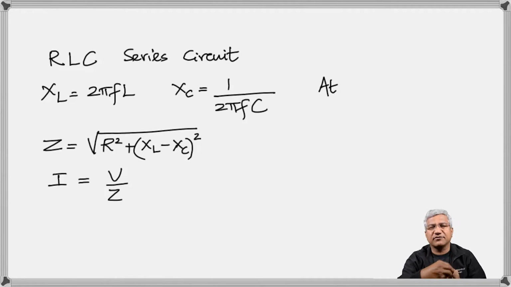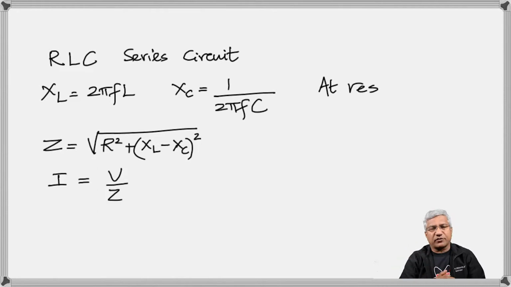So the inductive reactance and the capacitive reactance are equal. Number two, at resonance, impedance is a minimum, which will be equal to the value of the resistance. Number three, at resonance, the current becomes a maximum. And to find that maximum current, all you got to do is divide the voltage by the minimum impedance, which is what? The resistance. So there is a lot of conceptual understanding there.